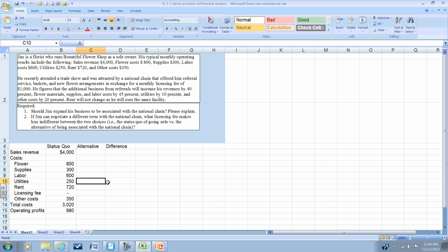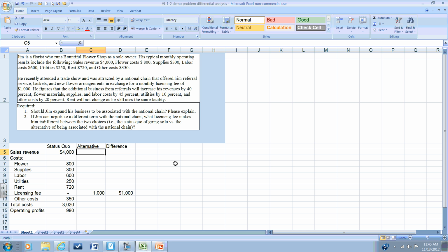Currently, of course, he does not have that fee, so the alternative will incur an additional cost of $1,000. Since we have in the alternative a cost of $1,000 and we have no current licensing fee, the differential is going to be $1,000. Now let's apply that same analysis to each of our items in this projected income statement.